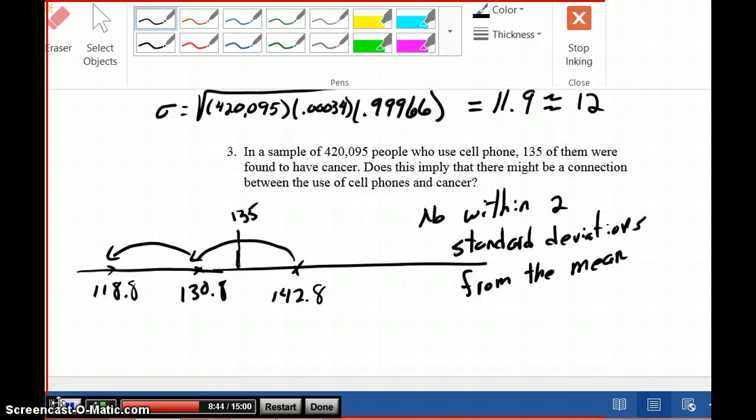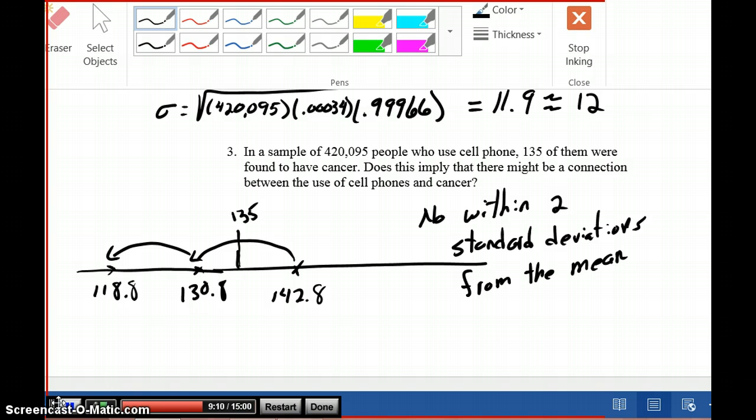Now the question is, in a sample of 420,095 people who use cell phones, 135 of them were found to have cancer. So we're trying to decide if cell phones might be a contributing factor to having brain cancer. Does this imply that there might be a connection between the use of cell phones and cancer?